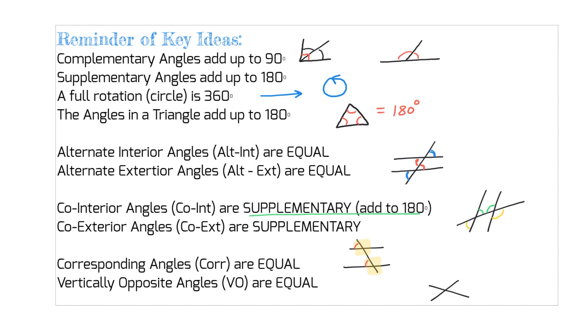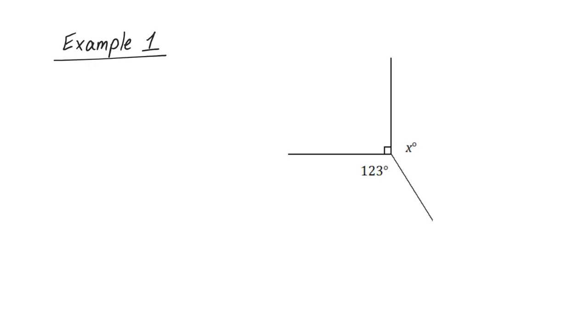When we talked about vertically opposite angles, we were looking at any two lines that crisscross together, and angles in the opposite position, so top and bottom, are going to be the same. Side and side are also going to be the same. These are all the definitions we need to know in order to solve for our next example.